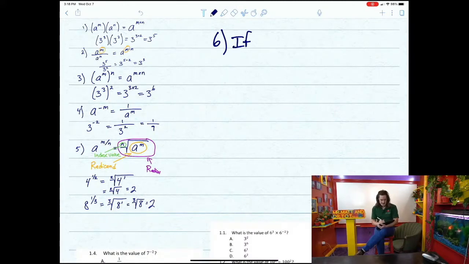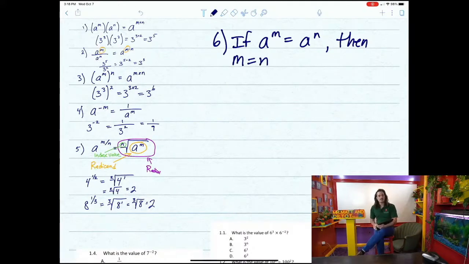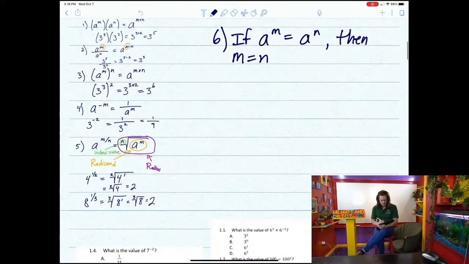If a to the m power is equal to a to the n power, then m must be equal to n. So if we have common bases on opposite sides of an equal sign, we can drop the bases and compare the exponents directly. This usually comes up when we have a variable as an exponent.